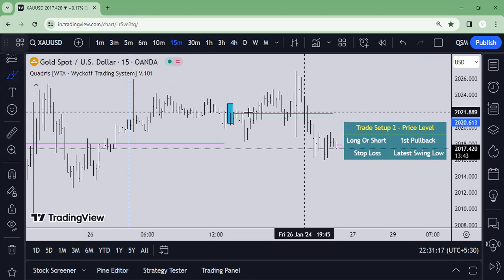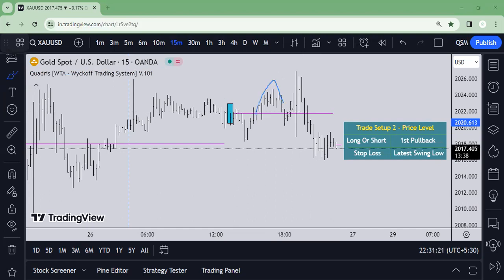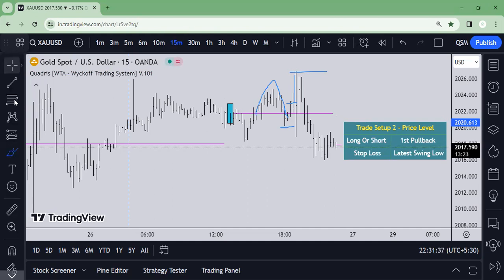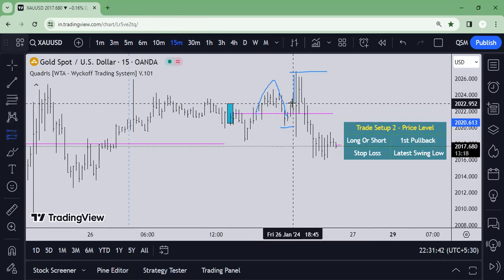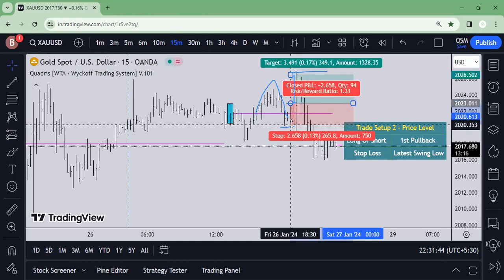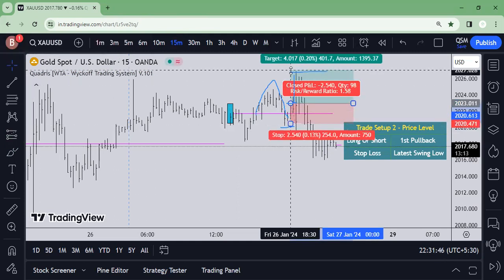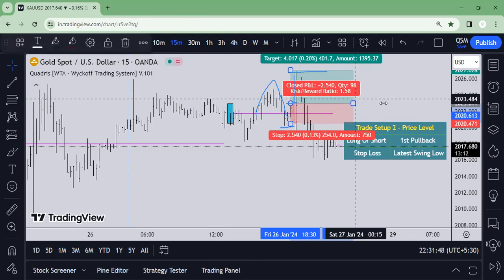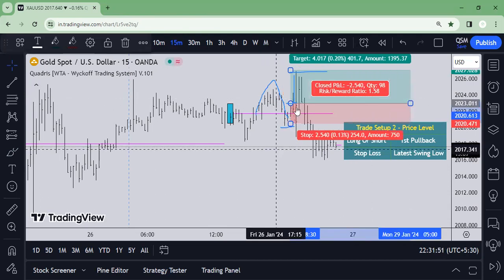So what does first pullback mean? First pullback means price went upwards, then came back. As soon as it's closed above, this is your stop loss, the last swing low, and it has reached up to this level. I will have to check whether it is 1:1, 1:2, 1:3, or 1:4. Normally, what I practice is, if I'm getting here, this is my stop. If I get 1:1, I bring my stop loss to break even.